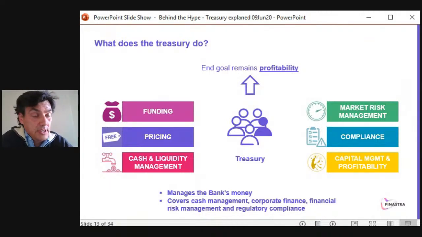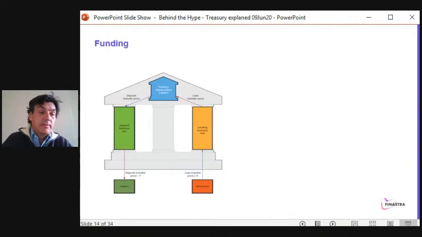So let's go to the funding. What is funding? Very often we are saying, and that was actually at the birth of banks, bankers could lend money because they had deposits, and there is a motto saying, is it deposits that are making credits or credits that are making deposits? At the very beginning, everybody was thinking and saying, well, deposits are making credits.